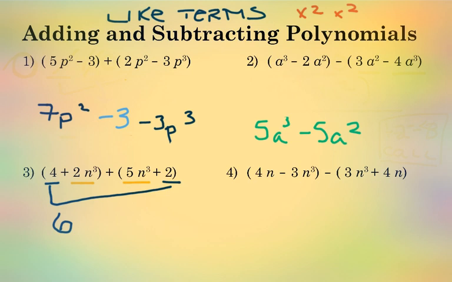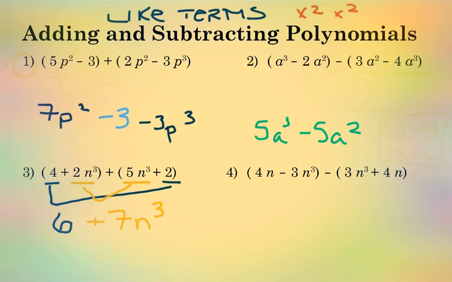Yes, they have that 3 as the exponent. They're both n to the 3rd powers. So let's put them together. Remember, add your coefficients, the 2 and the 5. 2 plus 5 is positive 7. And then keep your variable and exponent. Your answer is 6 plus 7n to the 3rd power.